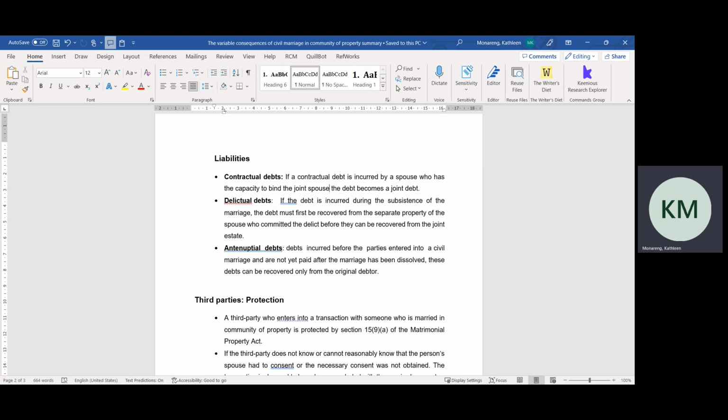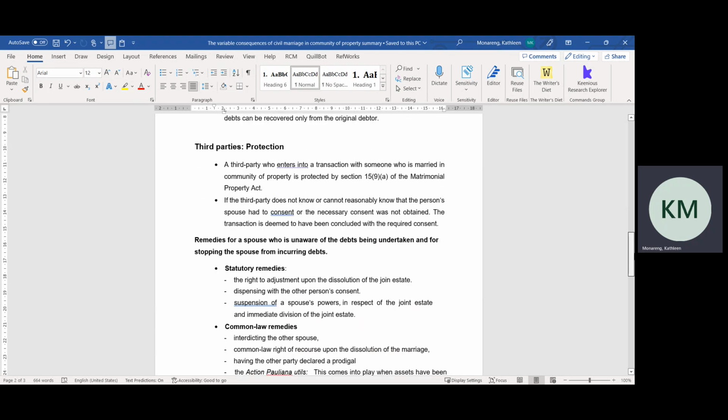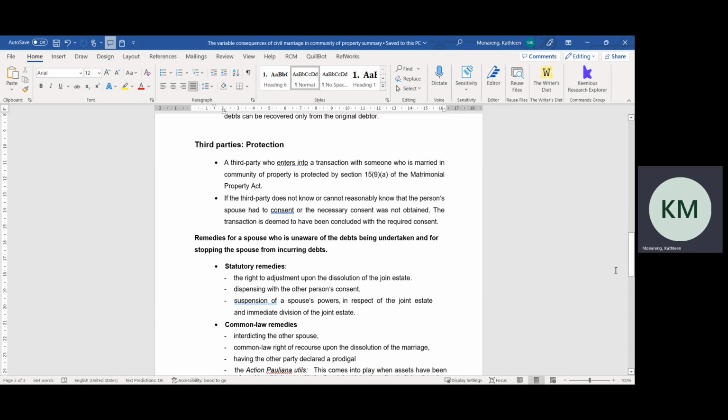But if the creditor is suing while the parties are still married to each other, the creditor can sue the joint estate. Antenuptial debts are, for example, when you enter into a marriage and you had a student debt. So as I said, liabilities that you had before you entered into a marriage will form part of the joint estate.